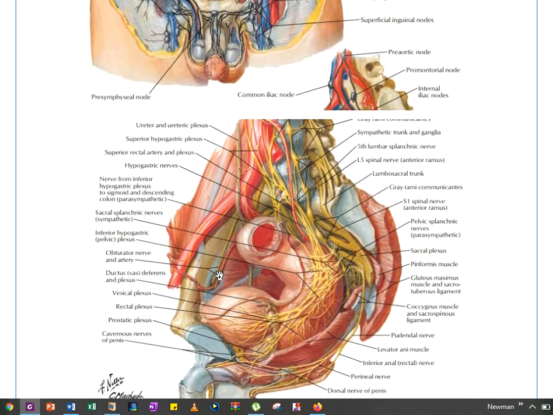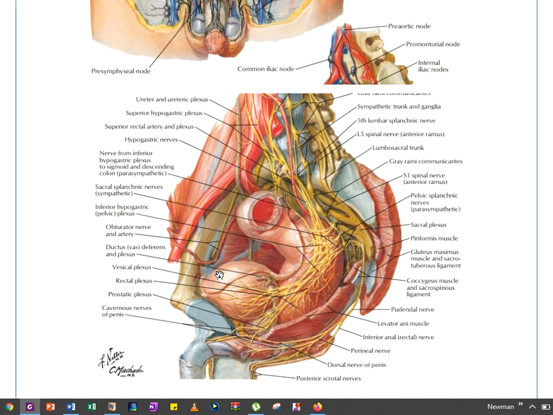So here come the branches of the nervous system, or nerves that supply these pelvic organs. You can see there are a lot, they're huge, sympathetic, many.